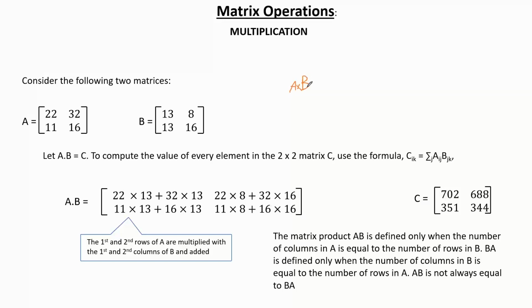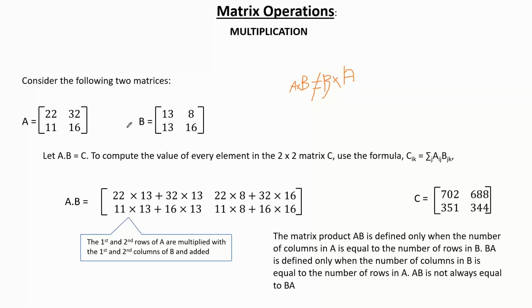If I consider A matrix into B matrix, that won't be equal to B into A. Ultimately you cannot have the same result because here the row becomes column, and the column becomes row.